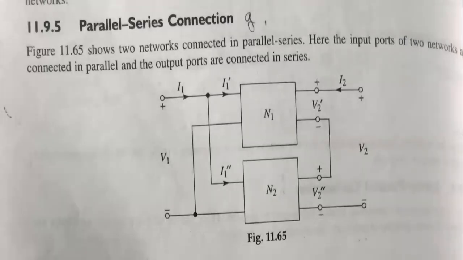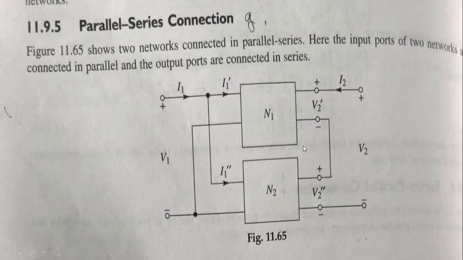Next is nothing but the parallel to series connection. Parallel means the first network's terminal will be connected to the first terminal of the second network. Similarly, second will be connected to second. So likewise again V1, I1, V2, I2. Here is the parallel combination at the input side, and opposite, that is the series combination at the output: I2 will flow coming towards the positive, going inside network one and getting back, then coming again, getting inside and getting back.